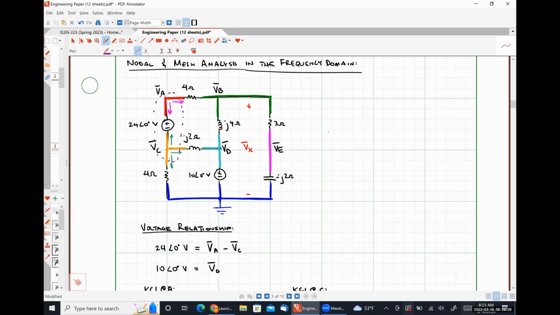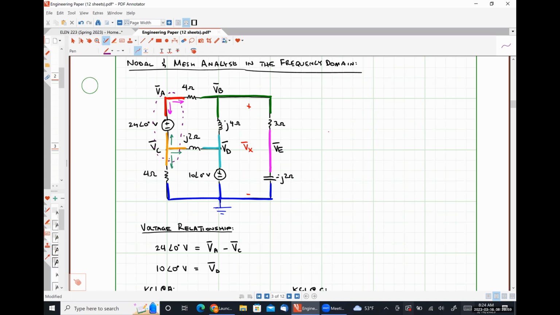So anytime we have a voltage source that isn't connected to ground, and that's very, very important, anytime we have a voltage source that isn't connected to ground, we can draw a circle around the voltage source and then just add up the currents that are leaving that circle as our KCL equation, because we know that the currents flowing through the voltage source are going to wind up canceling each other out anyway if we added them up individually. Okay, so that's how we apply a supernode here.